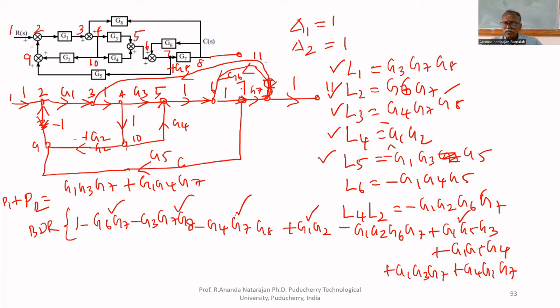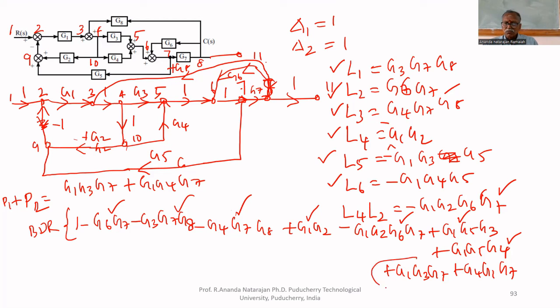G1, G4, G5 we got. G1, G3, G6, G7, and G1, G2, G6, G7, minus G1, G2, G6, G7, that is also we got.